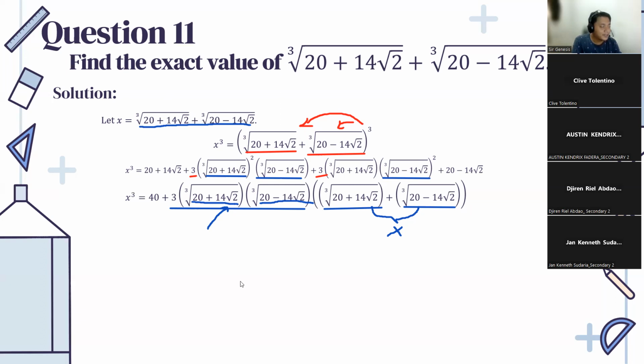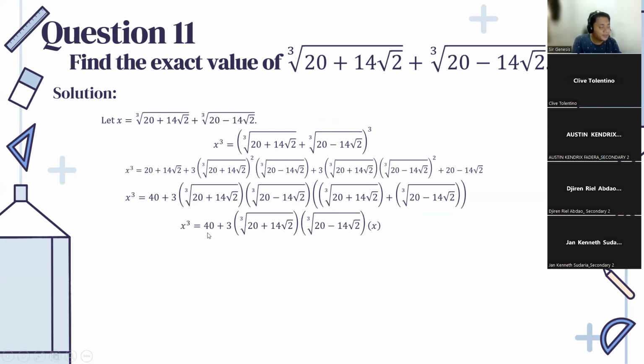So if you try to simplify this one, you will have x cubed is equal to 40 plus 3 multiplied to, so we still haven't simplified this one, okay. And then for this one, we have x. Now, if you simplify that, in the next line, you will have x cubed is equal to 40 plus 3x, and then difference of two squares.